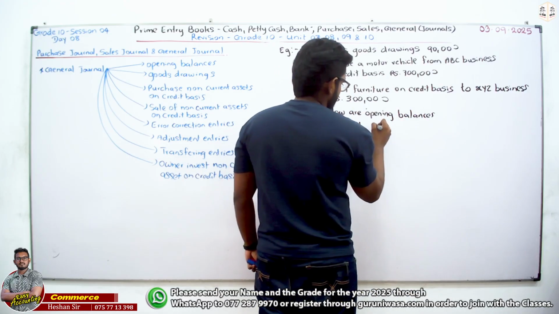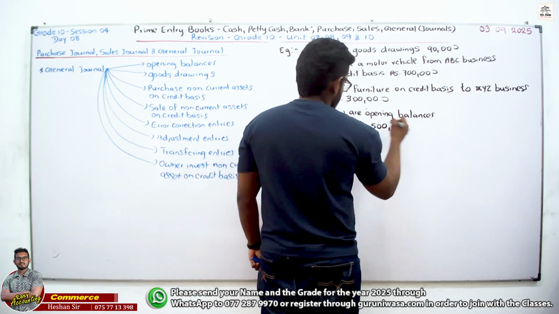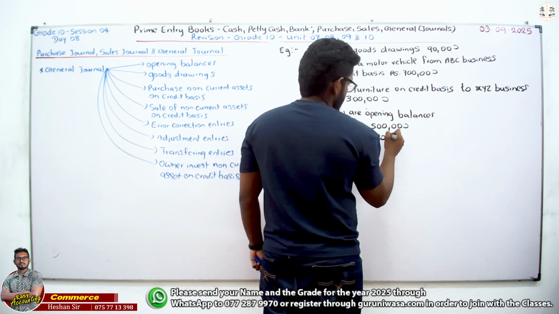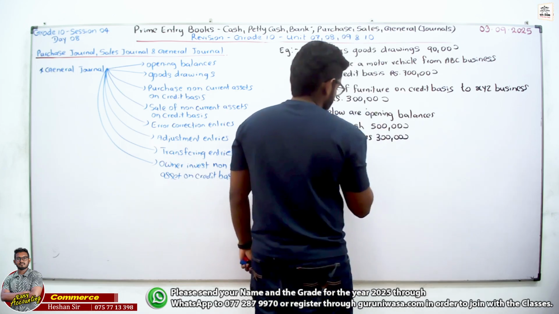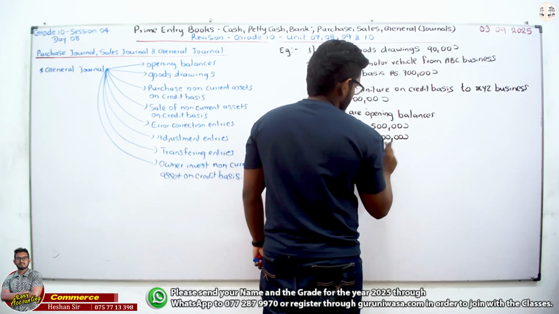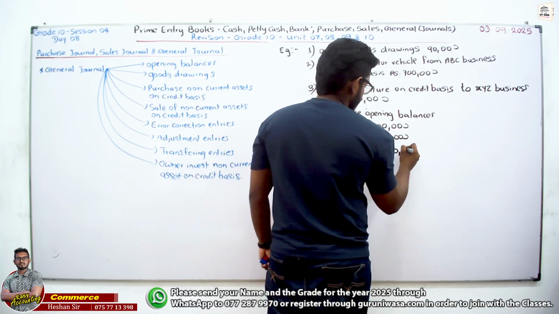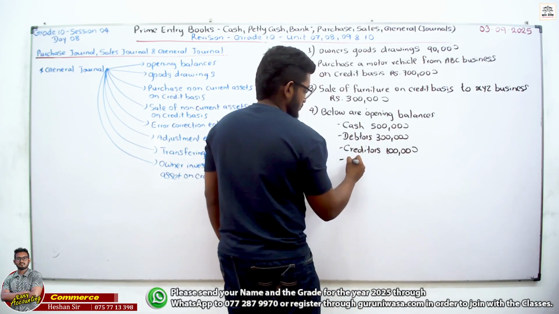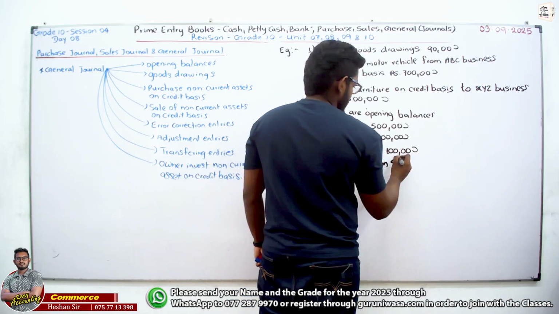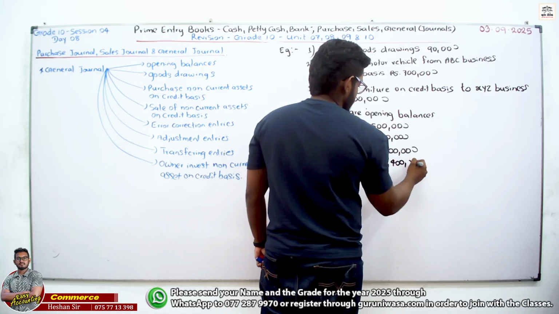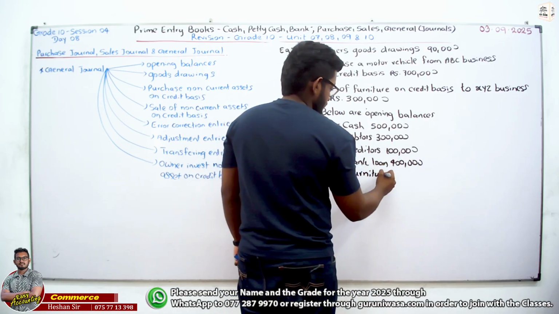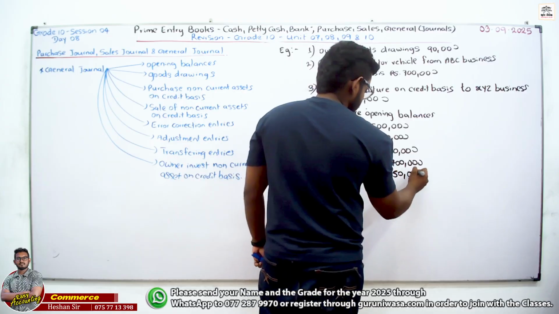Cash 500,000, debtors 300,000, creditors 400,000, bank loan 400,000, furniture 50,000.